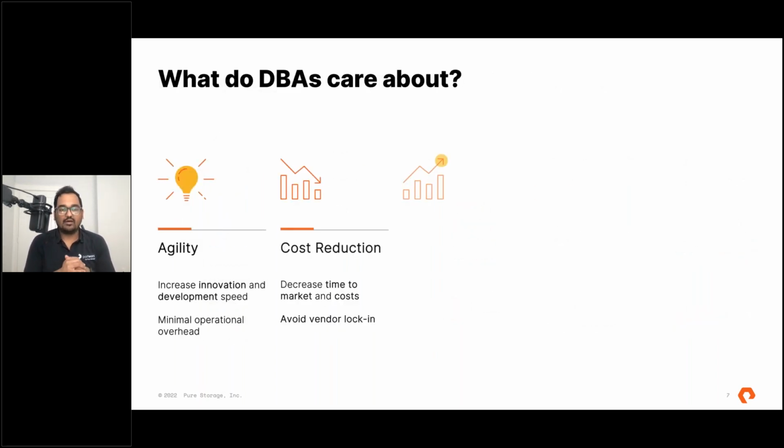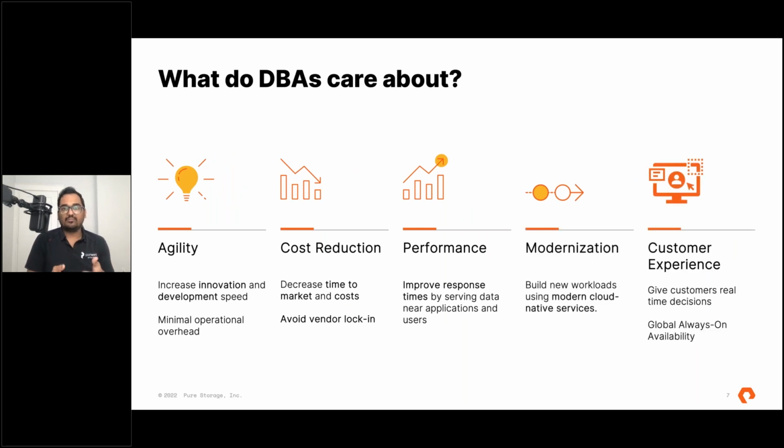Let's talk about what databases DBAs or database administrators care about today, right? The first thing that they care about is agility. This matters because DBAs don't want to be the bottleneck in any organization.